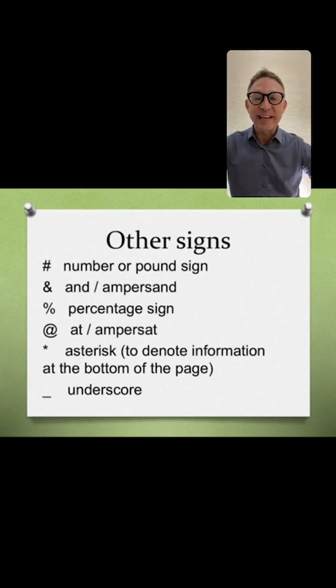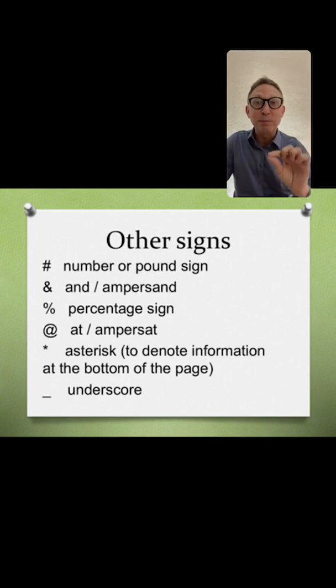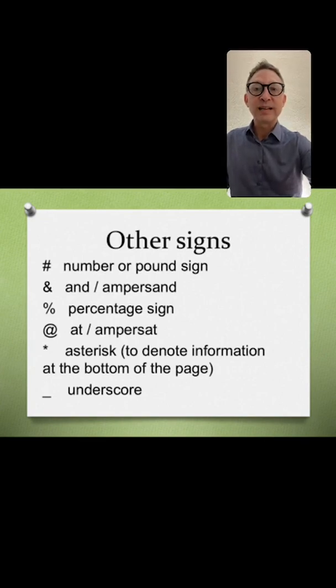The asterisk is there. We see it a lot, and oftentimes you see the asterisk and you have to look at the bottom of the page and there'll be more information related to that asterisk. Underscore is what you might see, especially when you're looking at emails. Email addresses have lots of underscores.